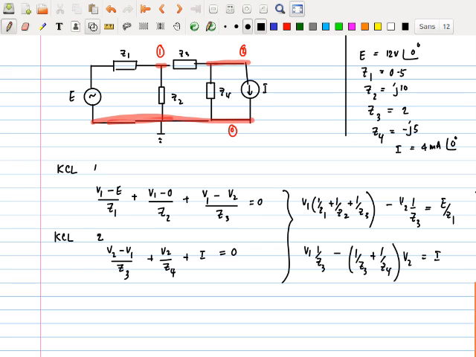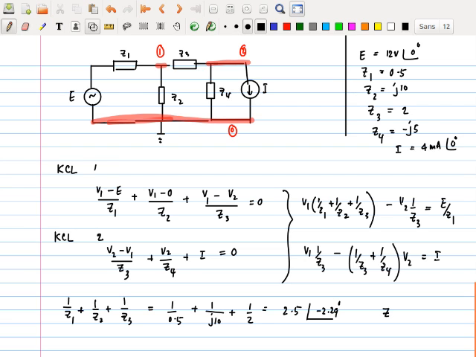If I look at 1 over Z1 plus 1 over Z2, which is j10, plus Z3, 1 over 2, that works out to be 2.5 with an angle of minus 2.29.